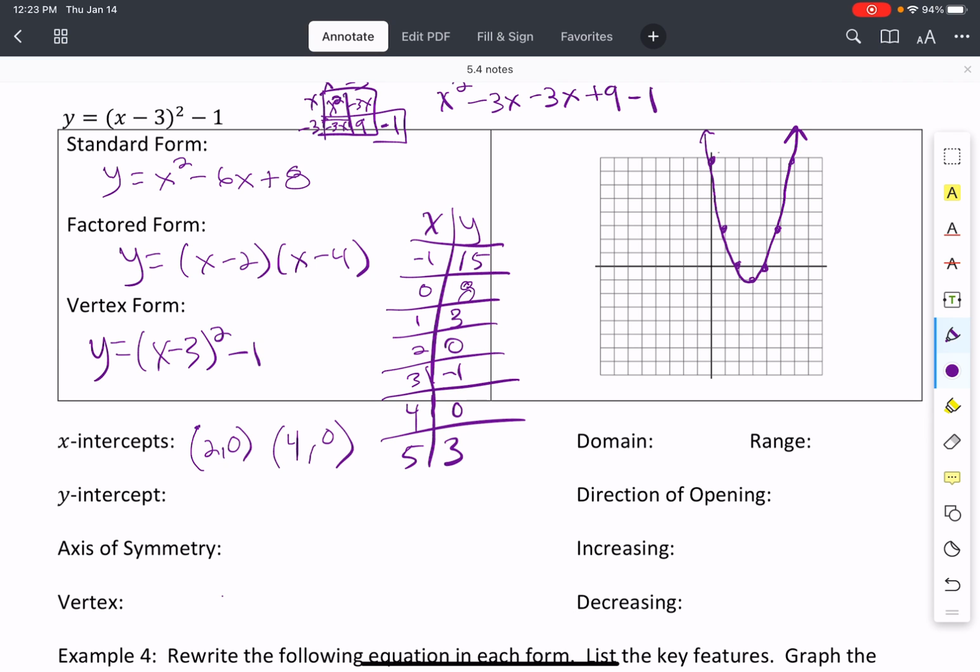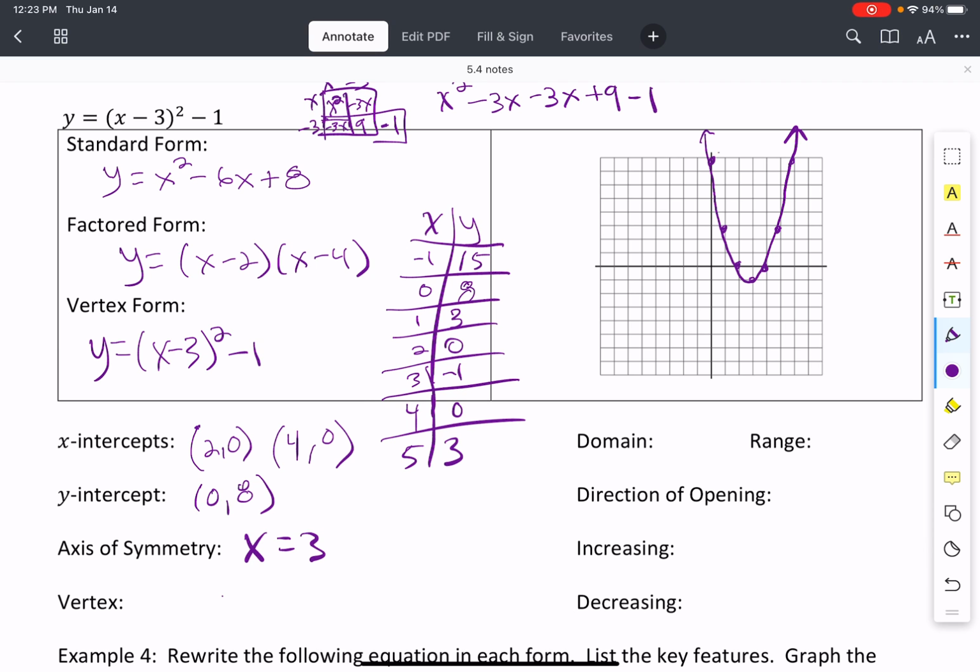It's okay if you're wrong, just take a guess. 8. Good. 0, 8. Good. All right. Paige, what's the axis of symmetry? Okay. It is at 3. X equals 3. Good. Very good.